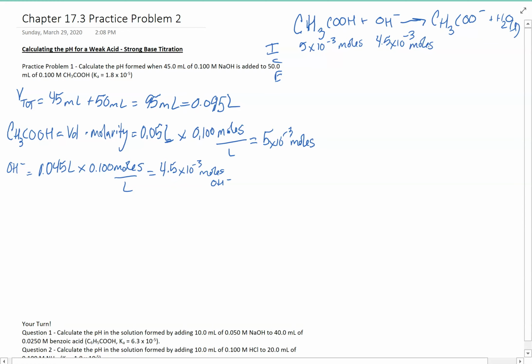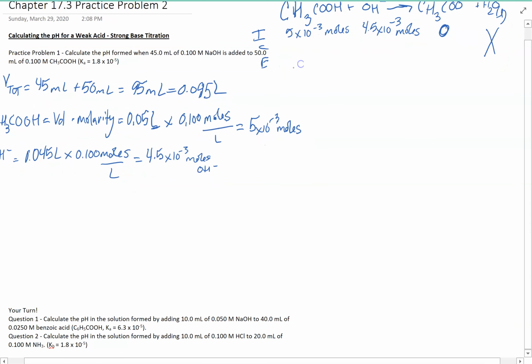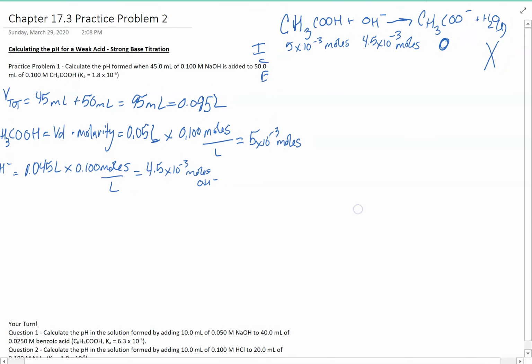All right, so now on the right side, we started with none of this, and we can't ignore this value like we did in our strong acid, strong base. We don't have to worry about some of this stuff, but for this, we do. All right, so now what we're going to do is realize that the change is going to be negative on the left side and positive on the right. Why? Can I subtract from 0? No, I can't.